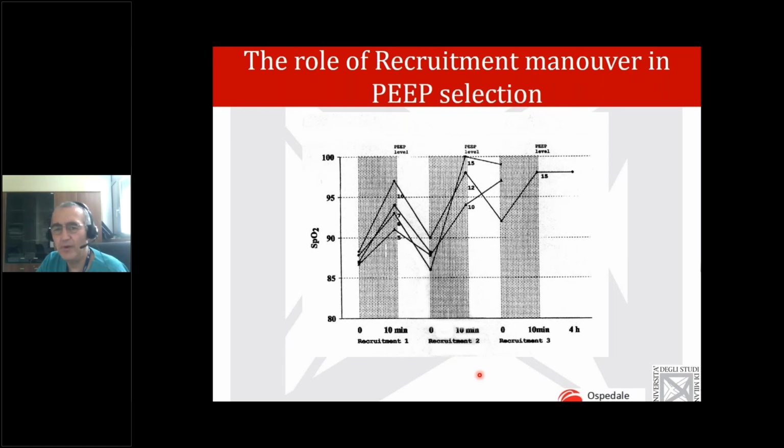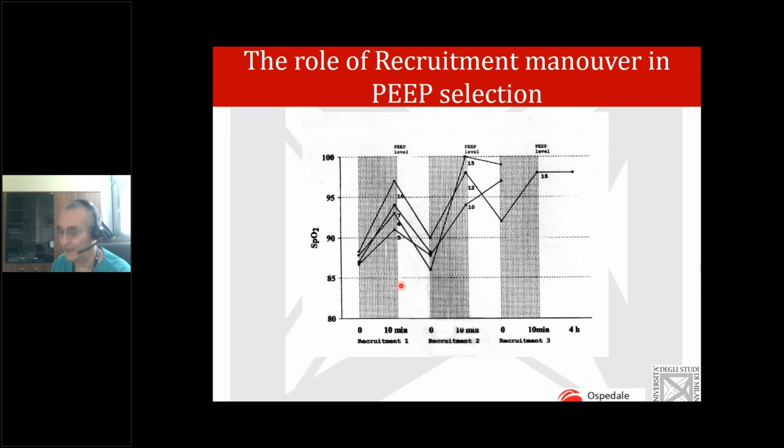The most simple way, let's say a Friday night ventilation, 2 o'clock in the morning, maybe is this one. Those are patients that do respond in terms of oxygenation to a recruitment maneuver. They all do respond. You can see here saturation going up. But following the recruitment maneuver, going back to the previous PEEP level, previous meaning before the recruitment maneuver, the saturation then goes back.